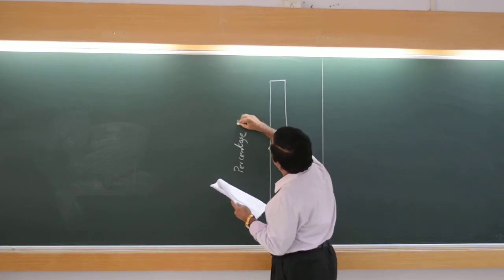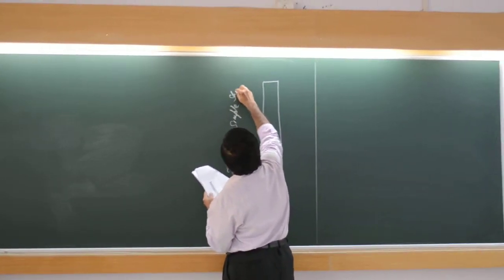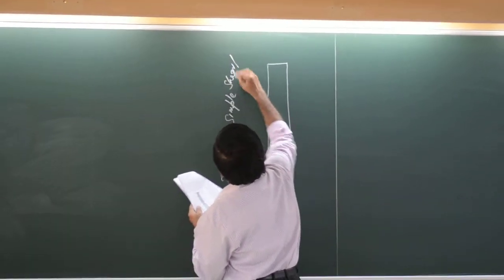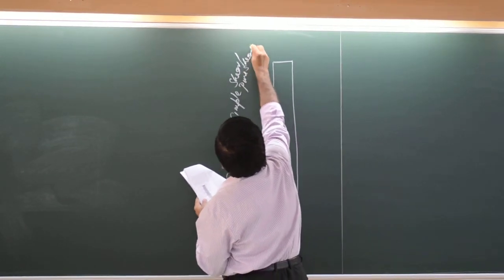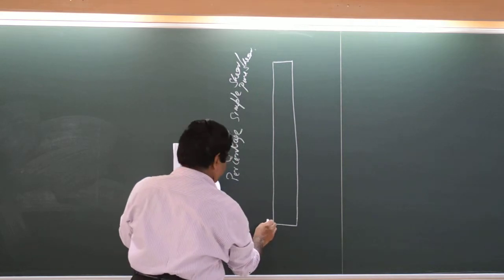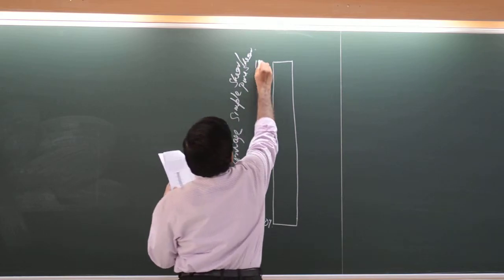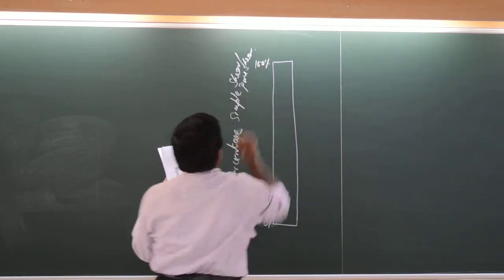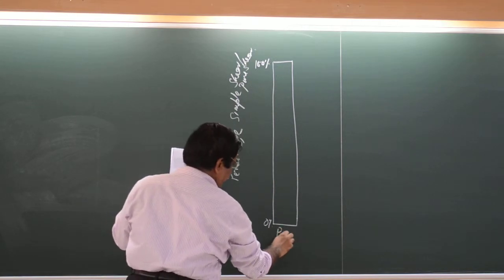Percentage here. Make a scale: 0%, 200%, 100%. So this is the pure shear end.